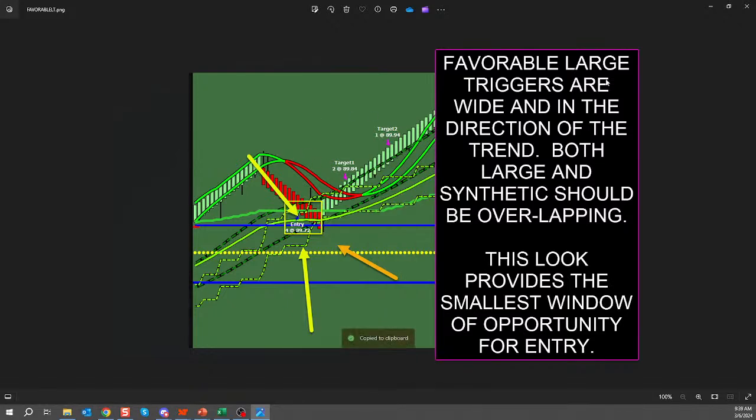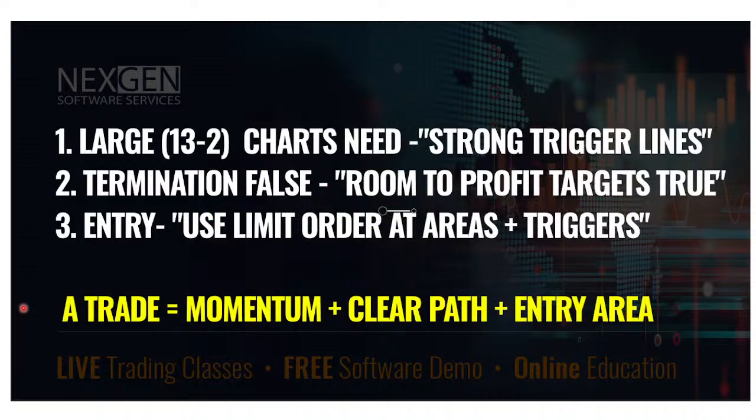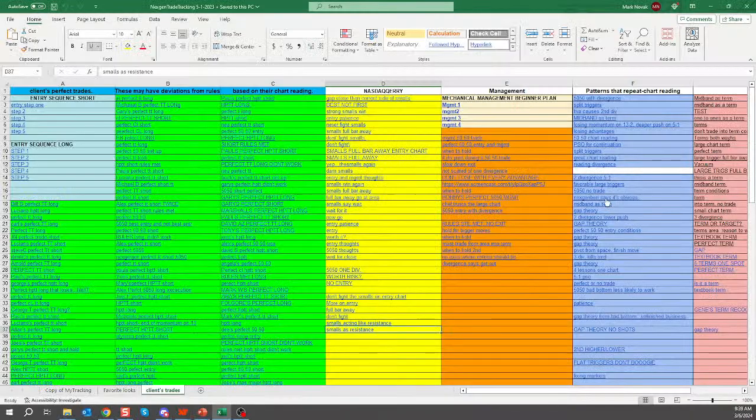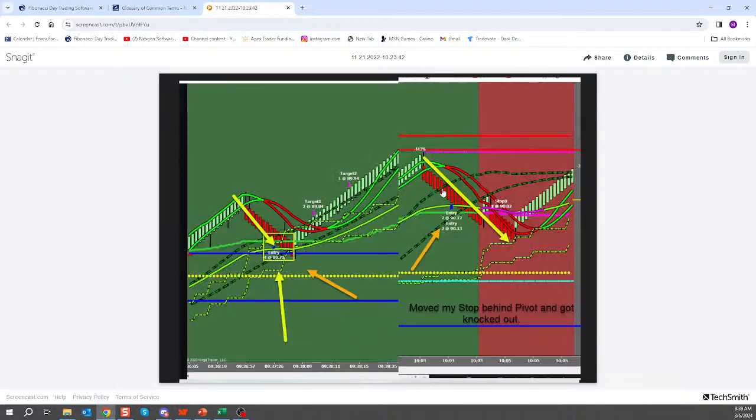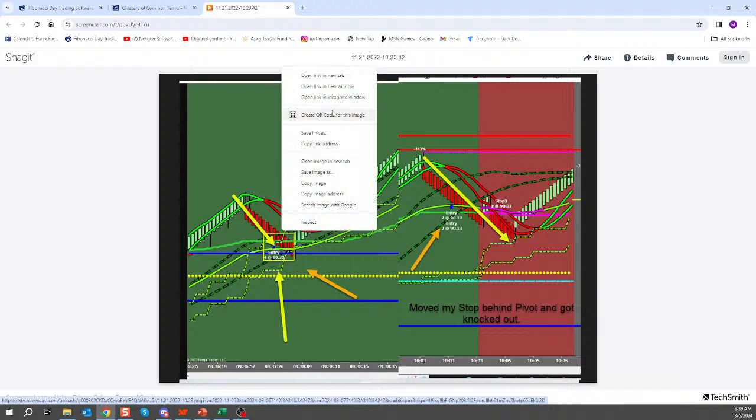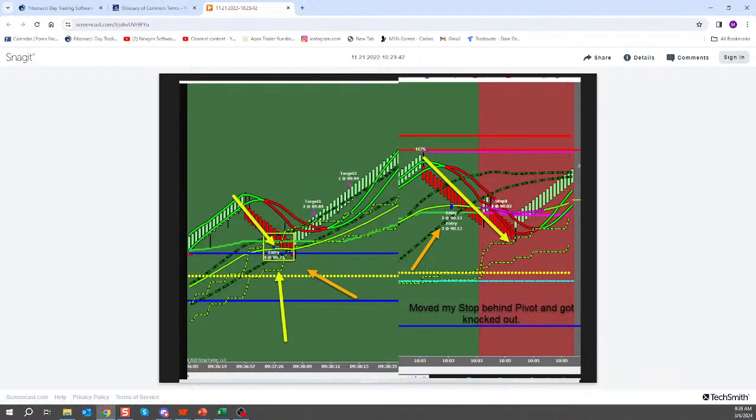Favorable large triggers, guys, means that they're one on top of the other. The more spaced out they become, the larger the risk, the more indecision, because the further you put those two correction points from one another, the more difficult it is to determine which correction point it's going to go to. Your risk grows exponentially. Favorable large triggers is like 32 flavors of awesome.